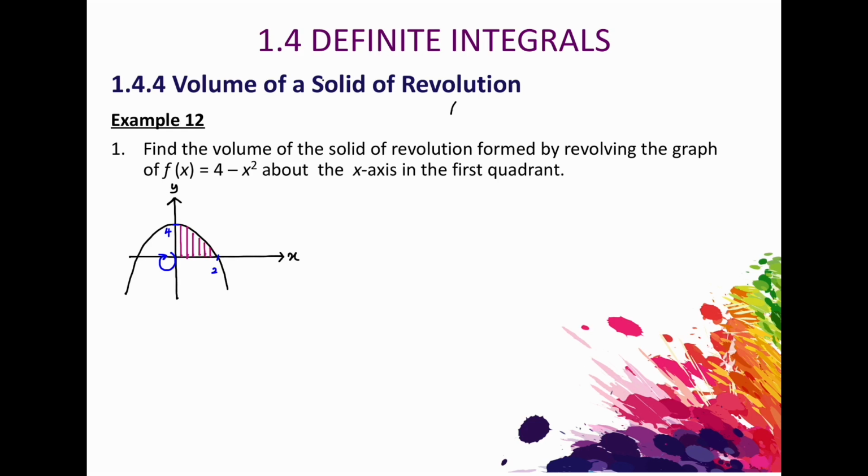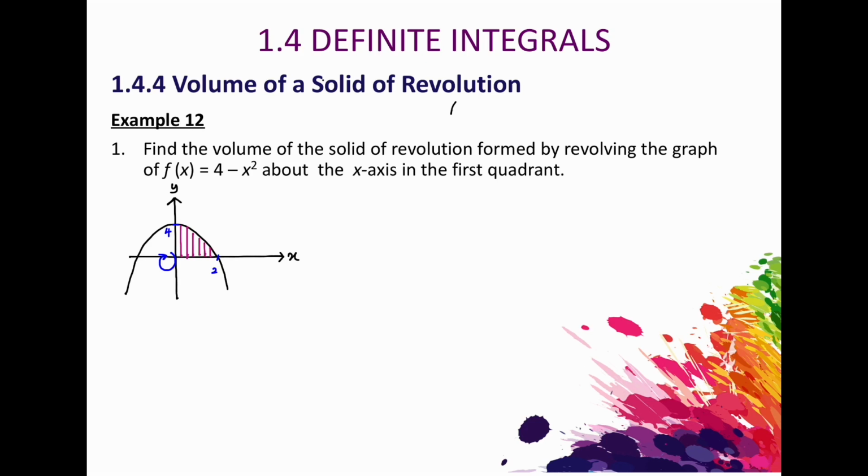Now let's try example 12, question number 1. Find the volume of the solid of revolution formed by revolving the graph of f(x) equals 4 minus x squared about the x-axis in the first quadrant. From the calculation, we have to find the value of x here, which is when y is equal to 0.